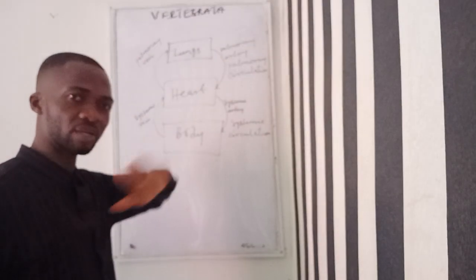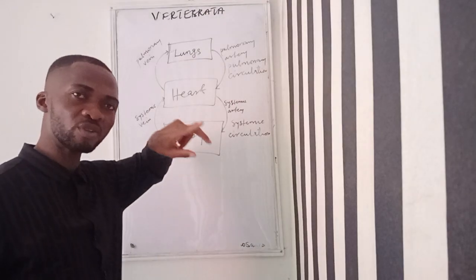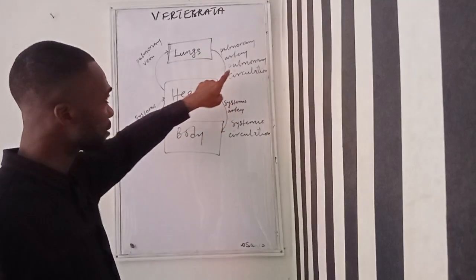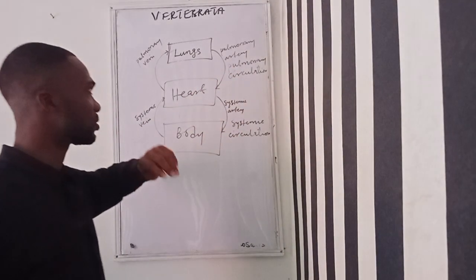We have the single and the double. I've explained the single. Then under this double circulation, there are also two types. The first one is called the pulmonary circulation, and the second one is called the systemic circulation.